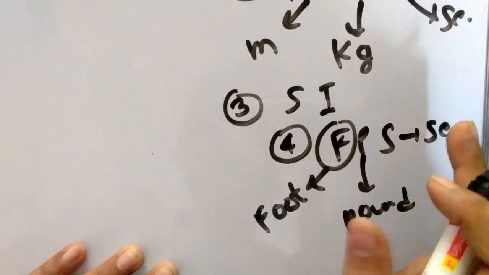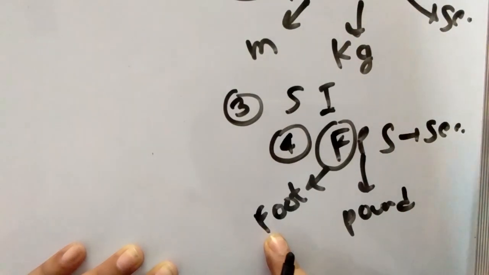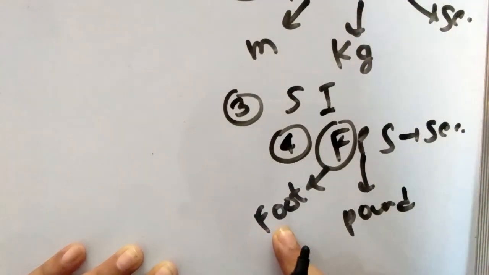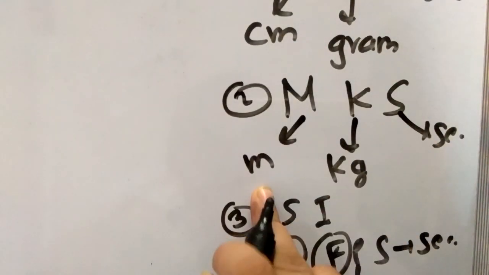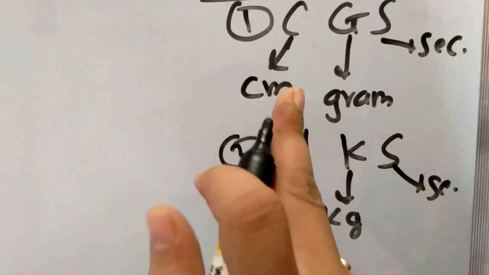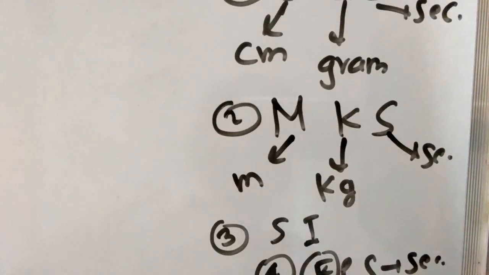Okay, foot, pound, second. Foot is the unit of length, like meter is the unit of length and centimeter is unit of length. Then what are unit of mass? Gram, kg and pound and second. Okay, so these are all 4 physical system of units.